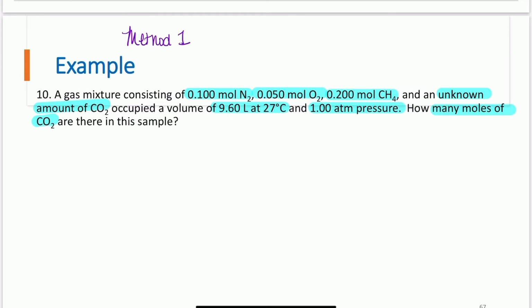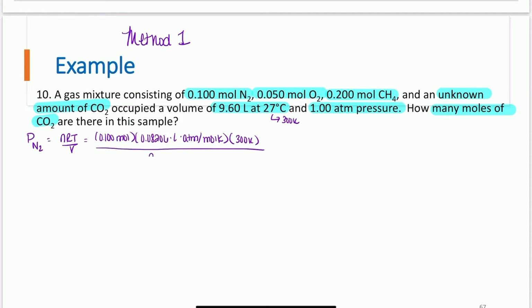is longer. Find the pressure for each one. Pressure of N2, nRT over V: 0.100 moles of N2, gas constant 0.08206 liter atmosphere per mole K, temperature 300 K, volume 9.60 liters, gives 0.256 atmospheres, the partial pressure of N2.